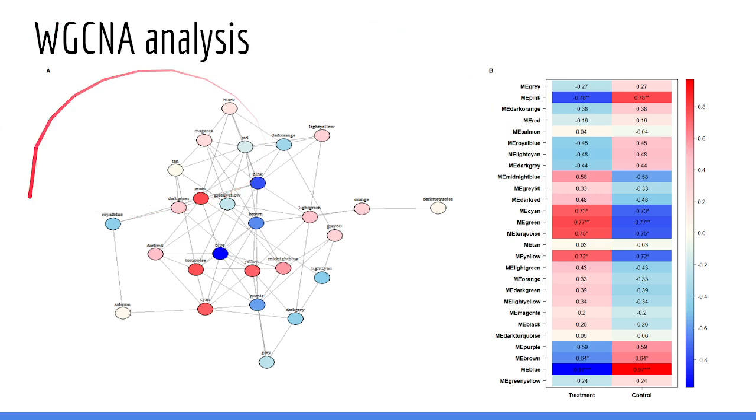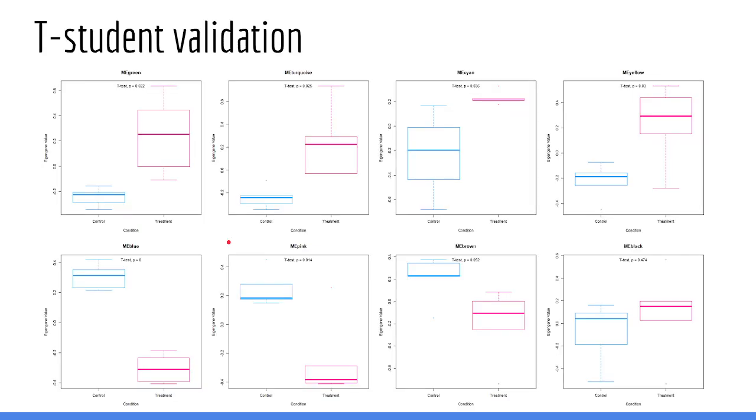We also decided to perform this WGCNA analysis, from which we got this network here. The colors that you see here are from this correlation and significance analysis that allows us to see that these four modules, green, turquoise, cyan, and yellow, were the ones that significantly correlated to our treatment, and that these three here, pink, brown, and blue modules, were the ones that were not correlated at all.